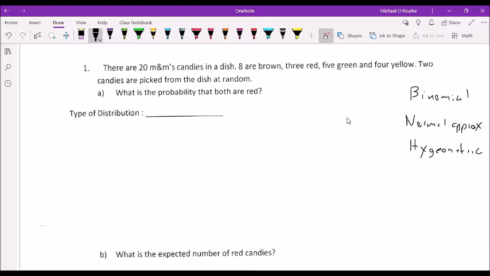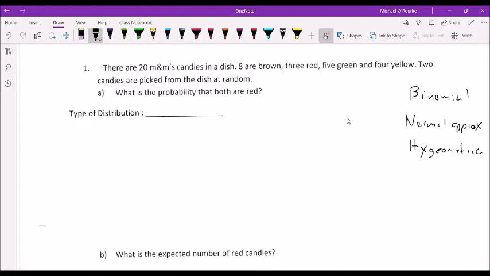So that's how you look first of all. Is it binomial? It's going to have one of 2 options. If it's a normal approximation, it'll tell you to approximate the results, or you have a wide range, like over 20, and there's tons of calculations you can do.